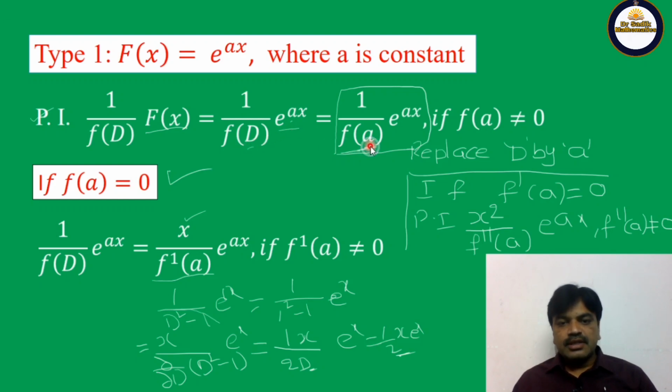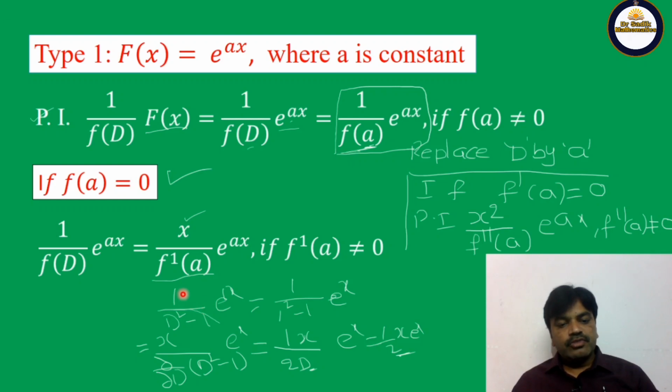Then we get the particular integral, provided f(a) is not equal to 0. Now if f(a) is equal to 0, then x by f'(a) into e^(ax) is our particular integral.